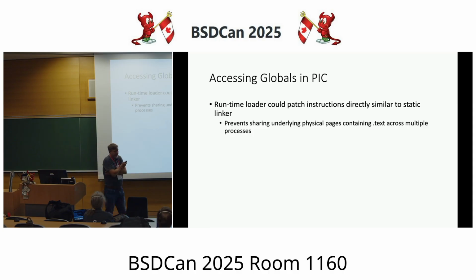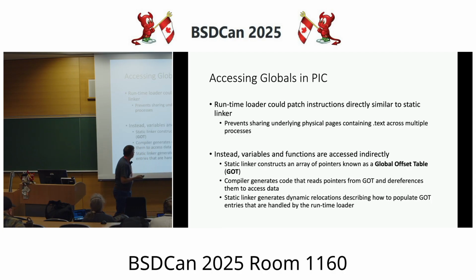So one approach that we could take, just like the static linker, is to patch instructions. We could use relocations so that when we load something into memory, we go patch instructions to change the addresses encoded in instructions. But one downside of this, among a few others, is that if we start patching instructions, we can no longer share the physical pages for a shared library across multiple processes, because now we're changing it every time in every separate process.